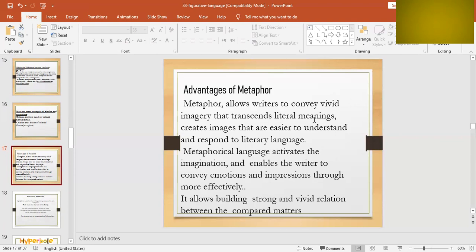Metaphor language activates the imagination and enables the reader to convey emotions and impressions more effectively. It allows building strong and vivid relation between the compared things.